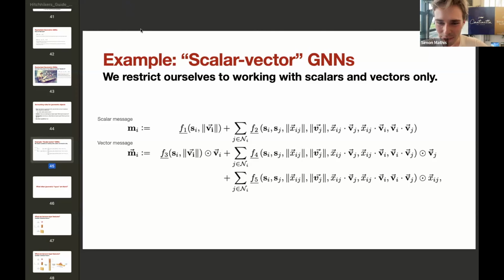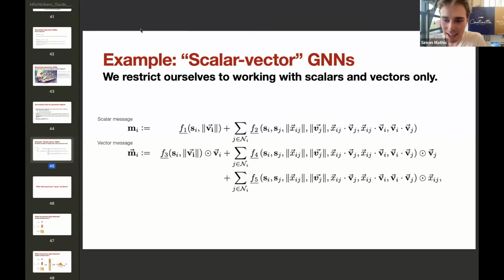So in this example, I wanted to start with the familiar types that most of us know, which are scalars and vectors. If we were to build a scalar-vector GNN, something that only works with scalars and vectors, we would have two types of messages. We'd have a scalar message, which you can see at the top, m_i, and then a vector message at the bottom, m_i with an arrowhead on top.